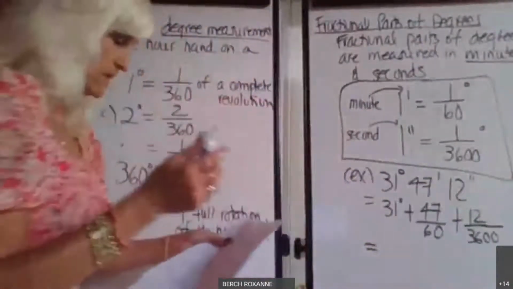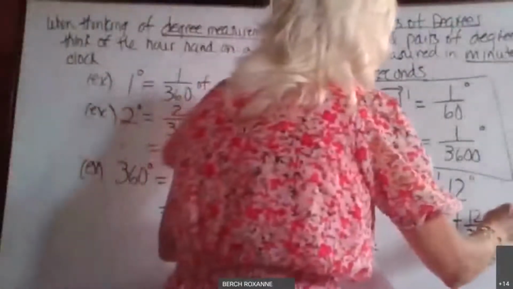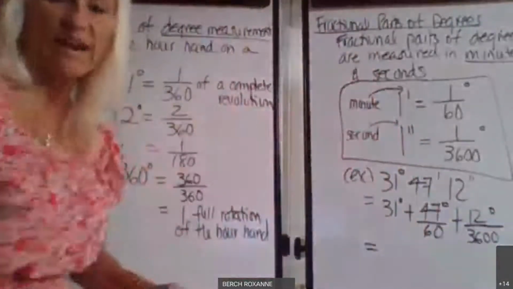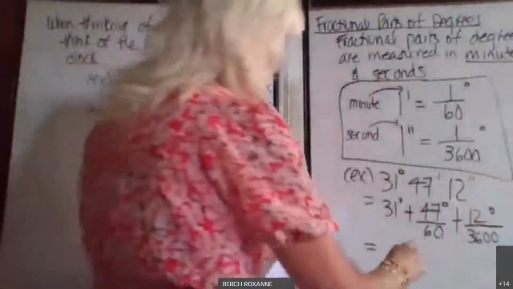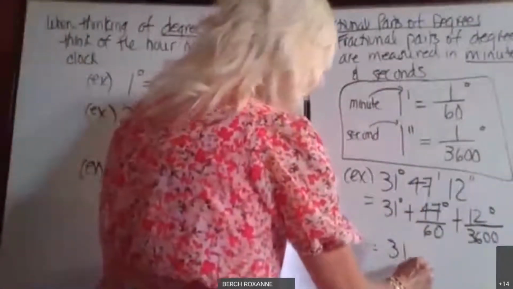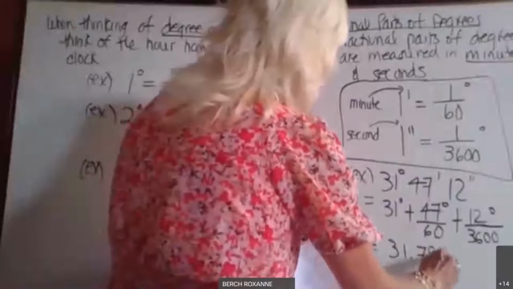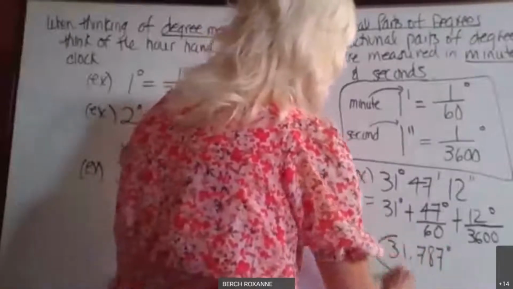So let me put the degrees in here. If you got a common denominator, it would be 31.787 degrees.